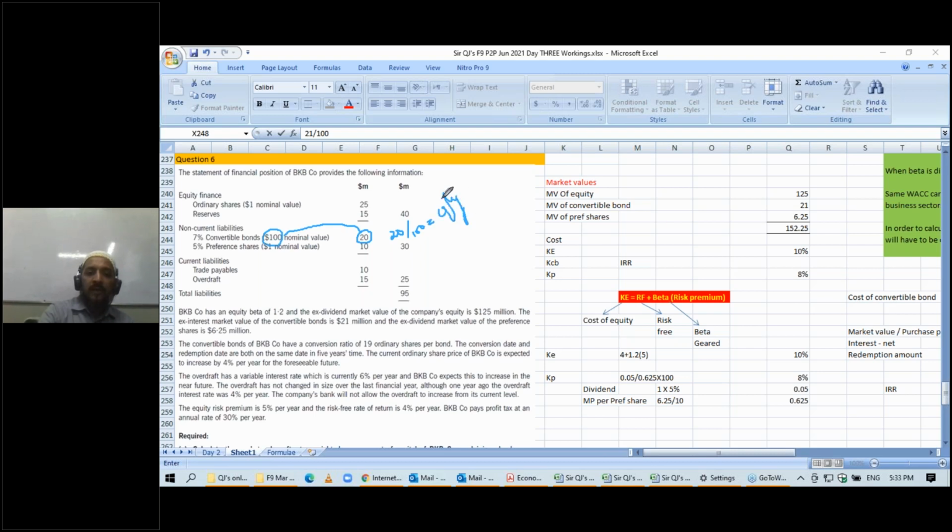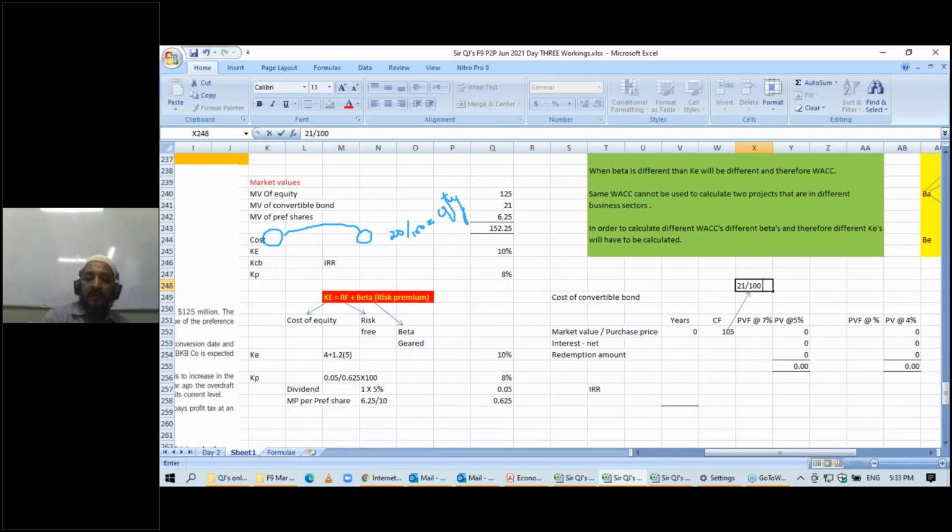First, I'm going to find the quantity. Let me show you the working that I was doing. So multiply this by 20. This is how you get 21 divided by 100 multiplied by 20.